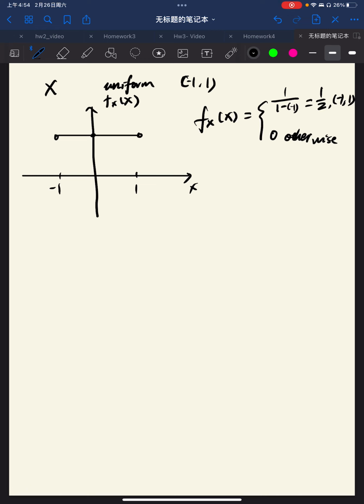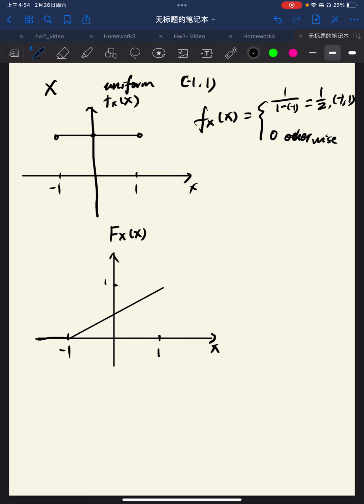And we know the continuous distribution function, big Fx: before -1 it is 0, and from -1 to 1 it rises to 1 with the function 1 plus x over 2, and then it becomes 1 after 1.